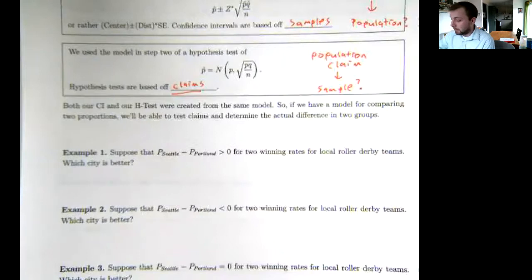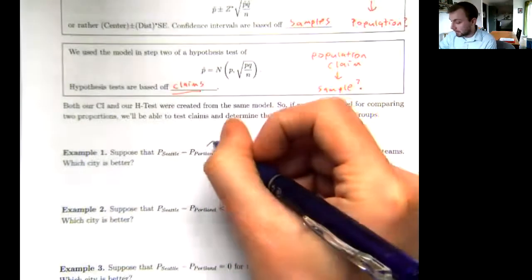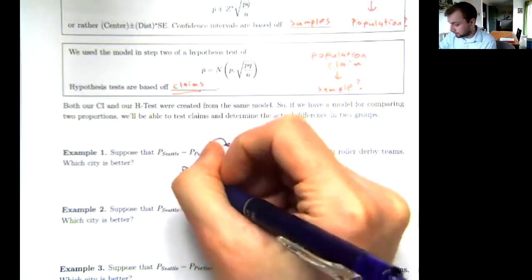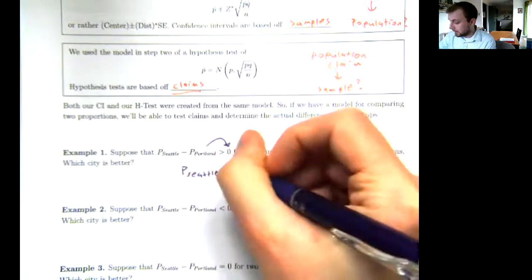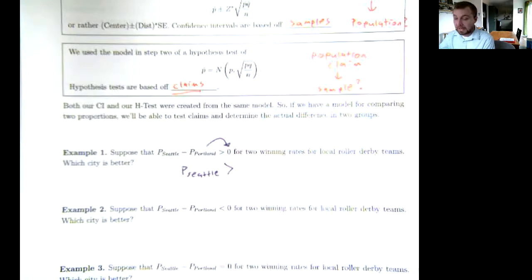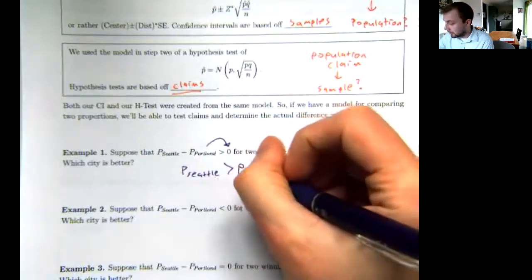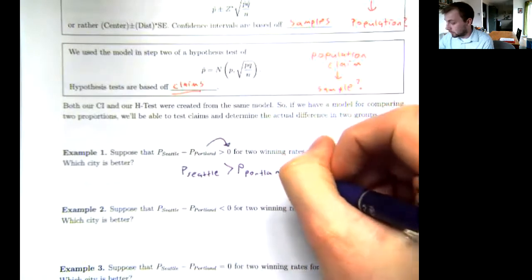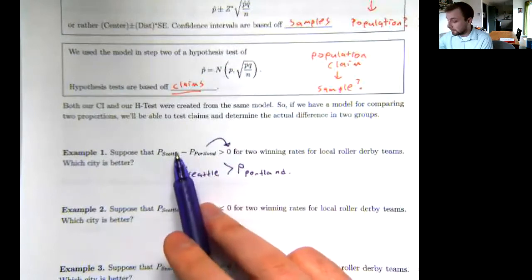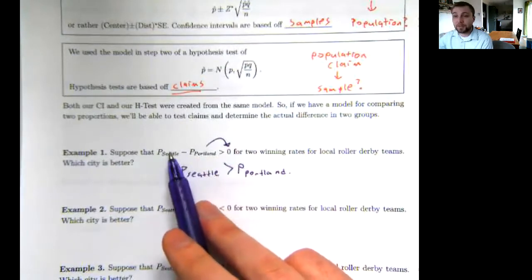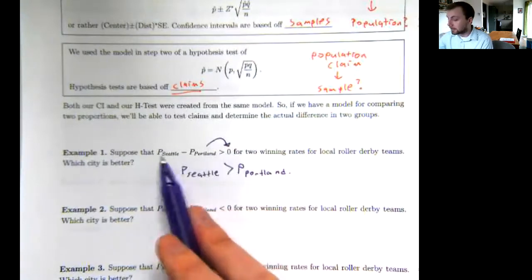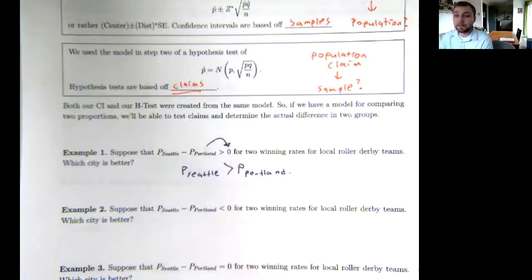Well, if I just think about adding this to the other side, this tells me that the win rate for Seattle is higher than the win rate for Portland. Just as a reminder of how positive and negative numbers work, if I have a large number minus a small number, I end up with a positive, like 6 minus 2 gives me a positive 4.